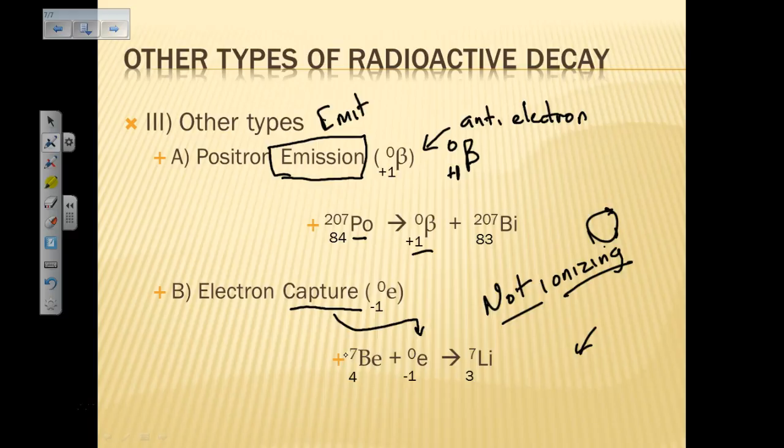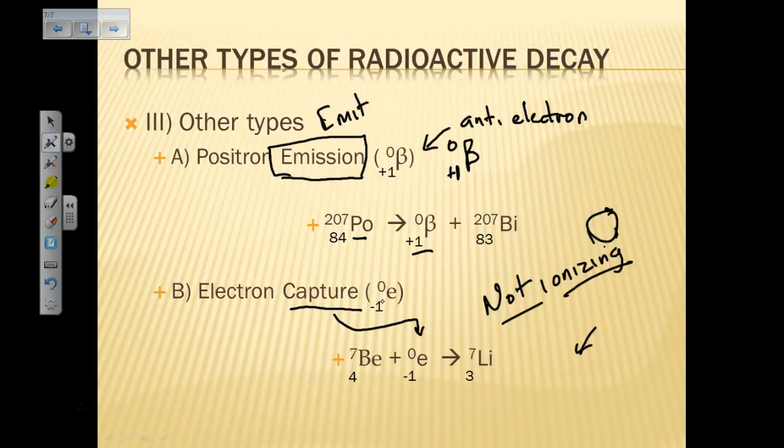Again, the same rules apply with balancing. We want to make sure that the reactants and products all add up using atomic number. So 4 plus a -1 is 3, and that equals 3. And then 7 plus 0 for the mass number, 7 plus 0 equals 7. So that's all balanced.